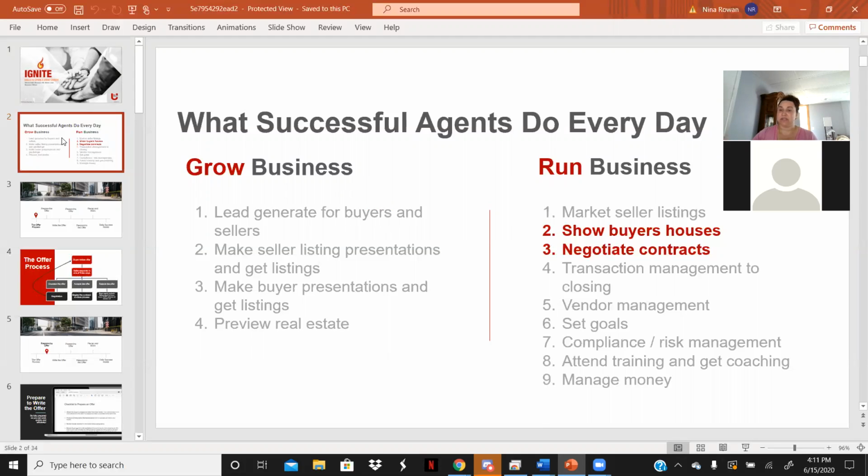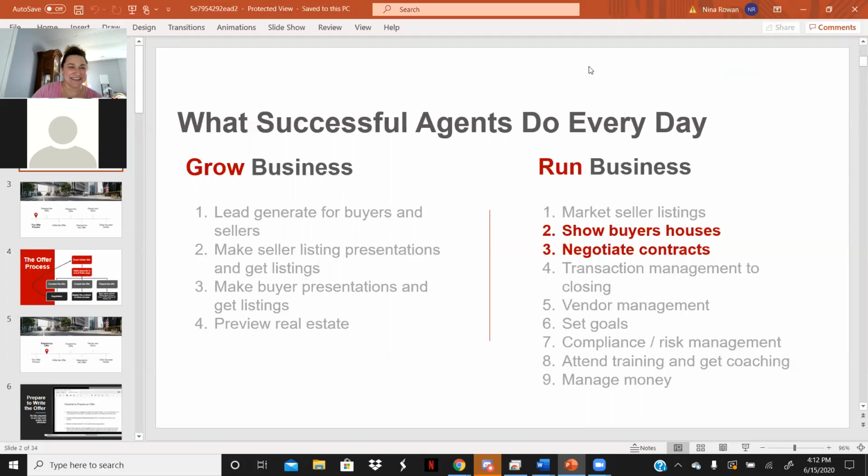Send them the whole thing, even if it's not included in MLS. Let's say the listing agent only has that 11th page where everyone's initialing and signing. Just ensure that you send your client the full disclosure so that they can read it all. Very, very important. You don't want to get in trouble for that stuff.